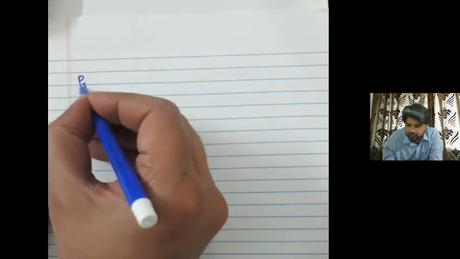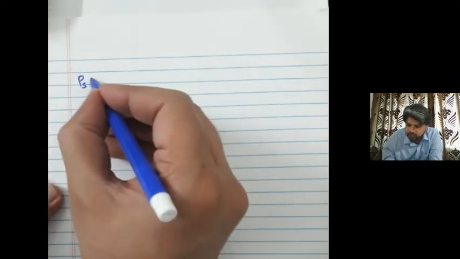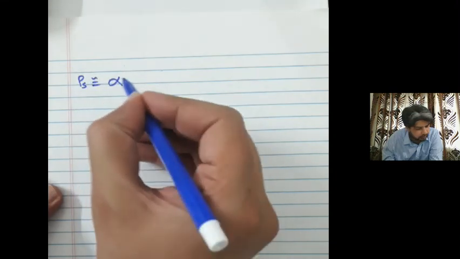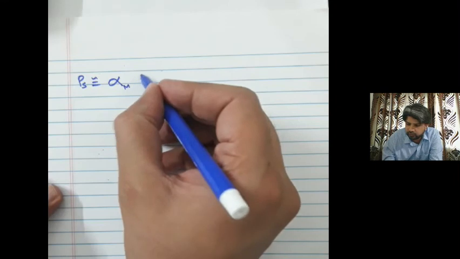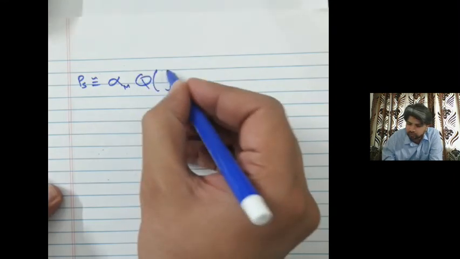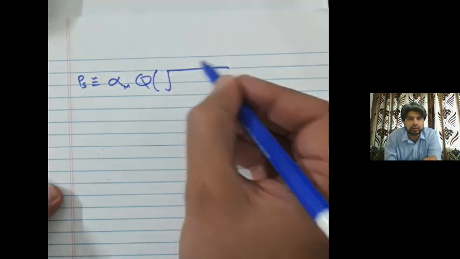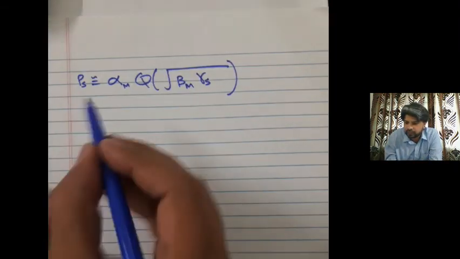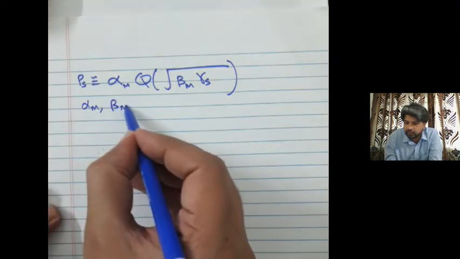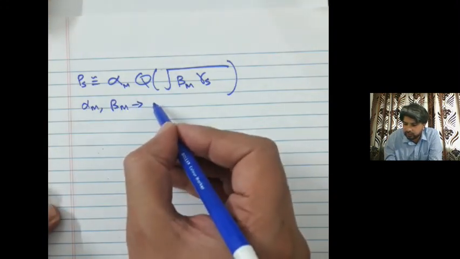If Ps is your symbol error probability, it is approximately equal to some constant alpha m times Q function of root of some constant beta m times gamma s, where alpha m and beta m are constants that depend on the modulation type.